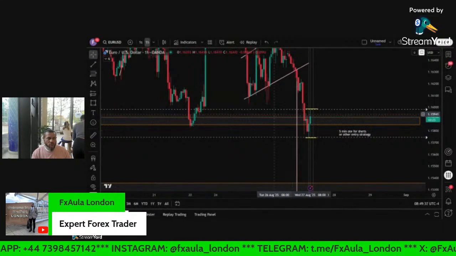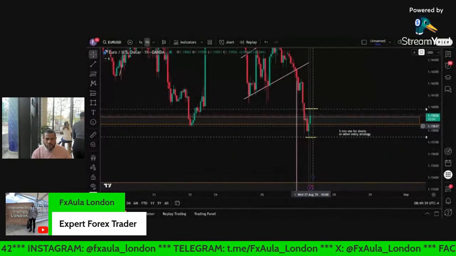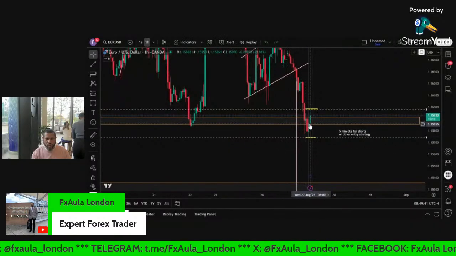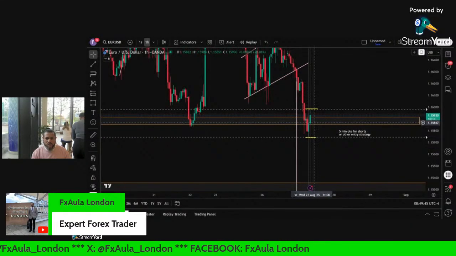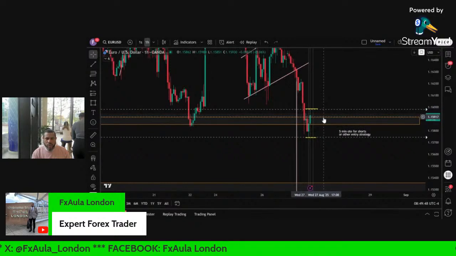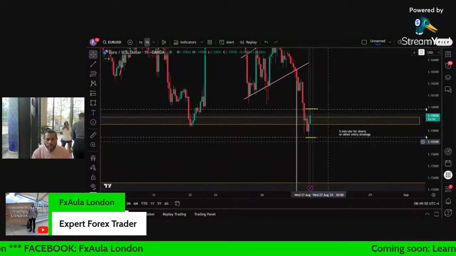We had on the 1-hour time frame a confirmation, but price decided to go this way. Sorry, we have a bearish engulfing here at this support and resistance zone, but price seems to be going higher.